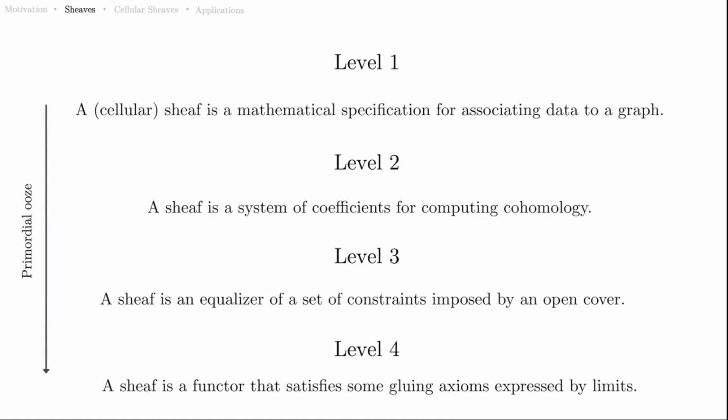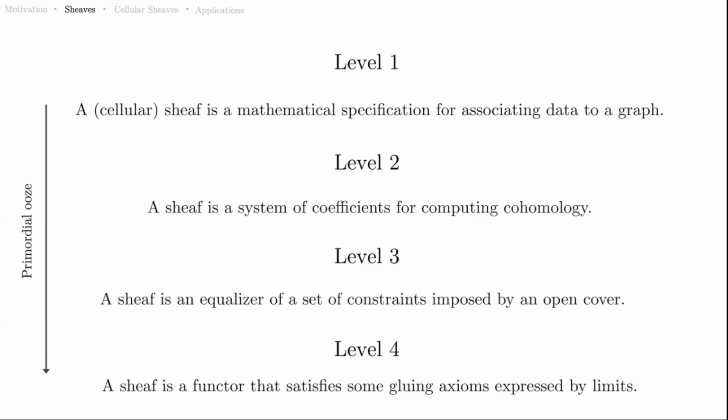And so typically when I introduce sheaf learning or sheaf neural networks, I'll start from level 1 and work my way up, as in the machine learning area, this abstraction of graph signal processing is very familiar to a lot of machine learning folks.